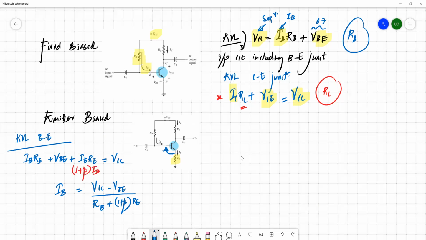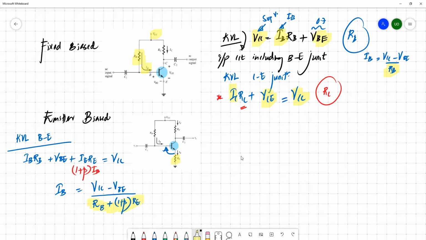So this RE is placed at the emitter terminal. If you check with the previous case, IB equals VCC minus VBE divided by RB. There we have a single resistor, and once it comes to emitter bias, we have two resistors.